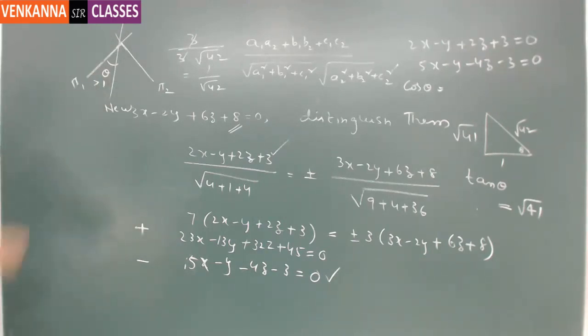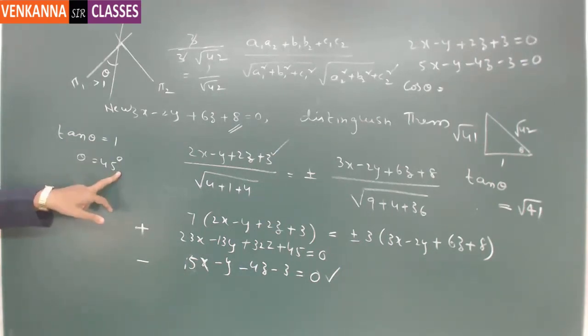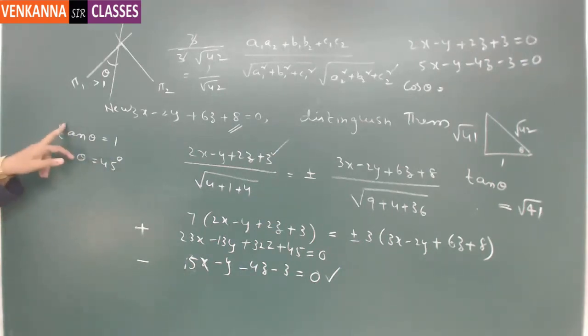It means that, as we know, tan theta is equal to 1 when theta is equal to 45 degrees. So if theta is more than 45, obviously tan theta will be more than 1. Agreed?